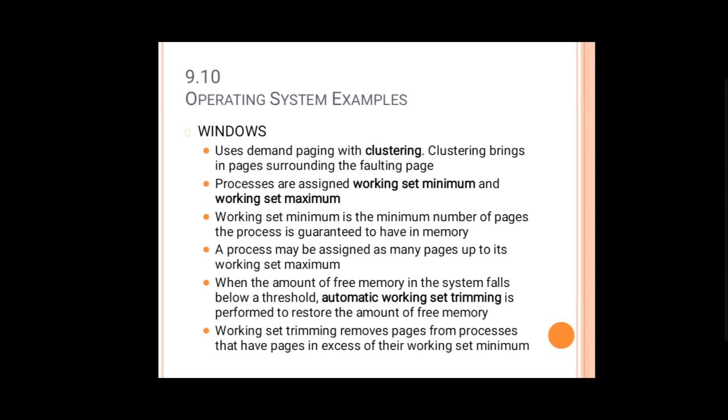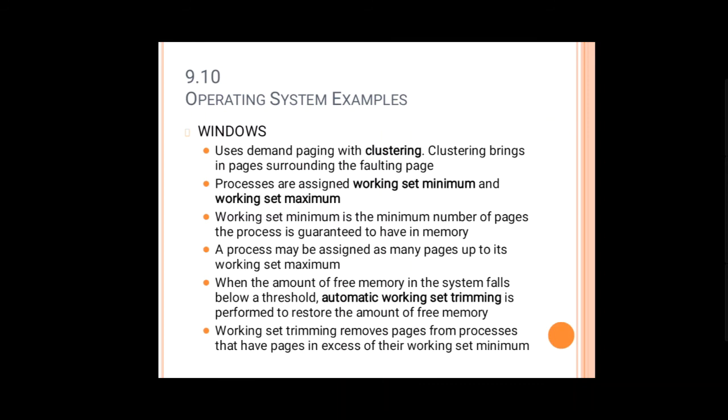Then the next topic is operating system examples, which is Windows. Windows uses demand paging and clustering. Clustering brings in the pages surrounding the faulting page. Processes are assigned a working set minimum and a working set maximum. The working set minimum is the minimum number of pages the process is guaranteed to have in memory.